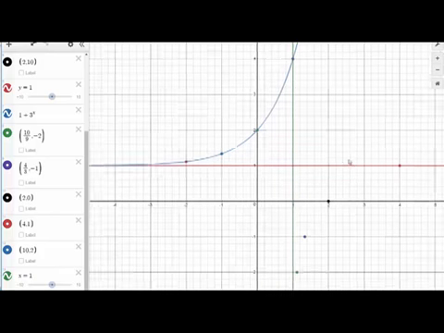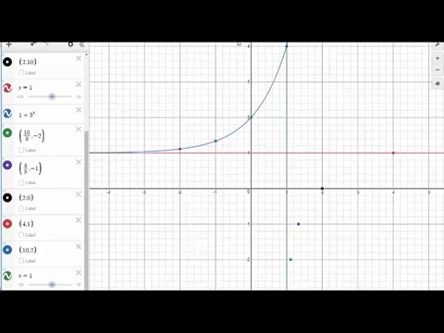Now, if we look at our graph right here, you see the exponential function that I have already created, the f of x, and you see the points of the inverse. These are the points right here. And if I connect those points, then I'm going to get the inverse of the function. We may want to go further and connect those points, although you don't know how to find the rule of the function.